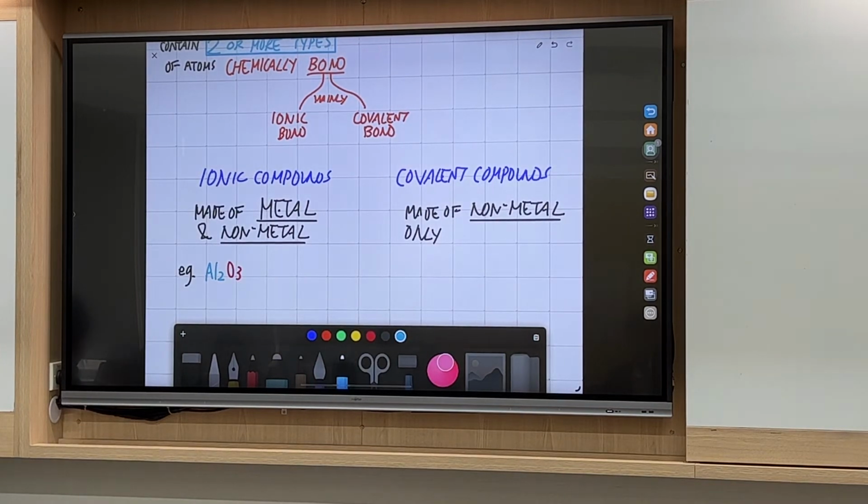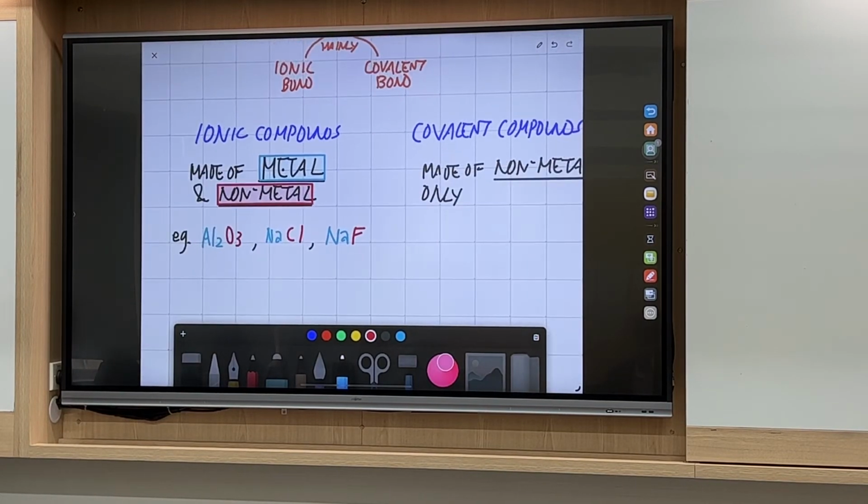You can see that Na is a metal. If you have two different color highlighters, highlight the metal part and the non-metal part of these compounds. Or when you brush, look at the packaging of the toothpaste later, you will find NaF, sodium fluoride. These are all ionic compounds because they are made of metal and non-metal.